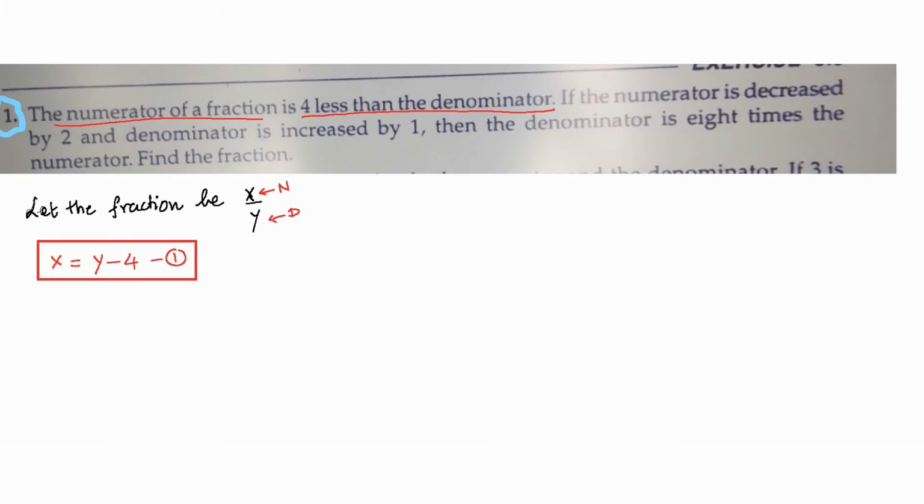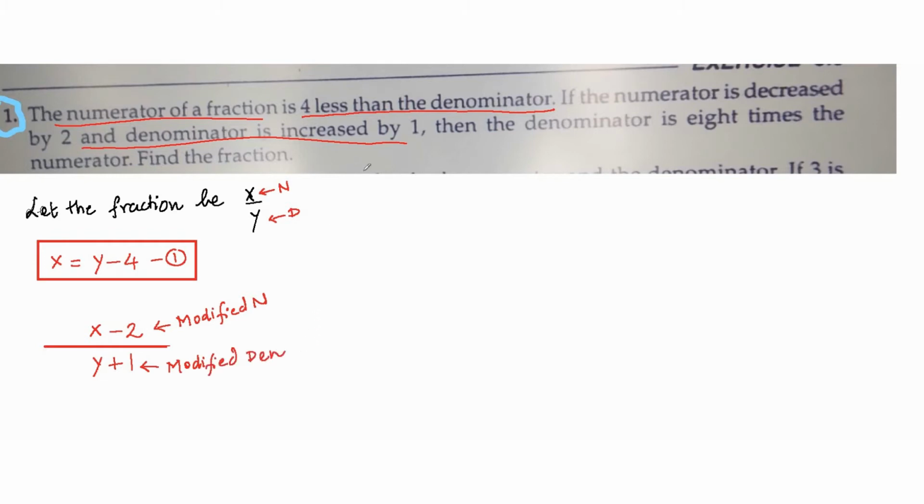Then if the numerator is decreased by 2, right now the numerator is x, this numerator is decreased by 2 and the denominator is increased by 1, that is y plus 1. Then the denominator is 8 times the numerator. So this is my modified numerator and this is my modified denominator, right?